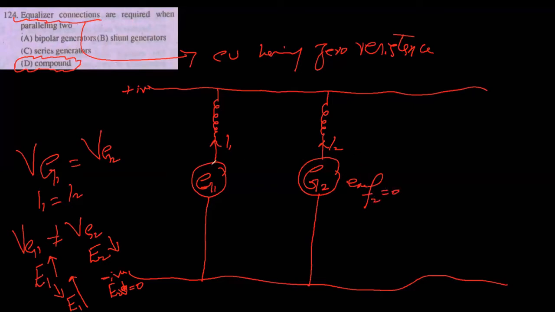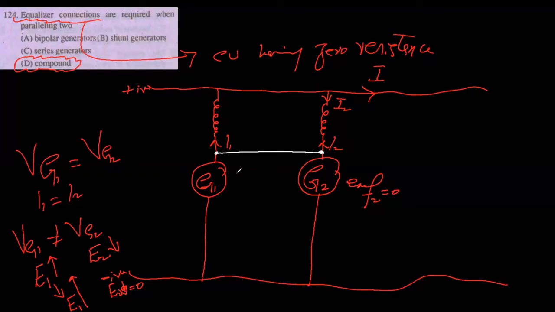Then this generator G1 will supply current I as well as supply current to G2. So now G2 acts as a load for G1. So what we do, we use a copper wire having zero resistance and short circuit these 2 points.